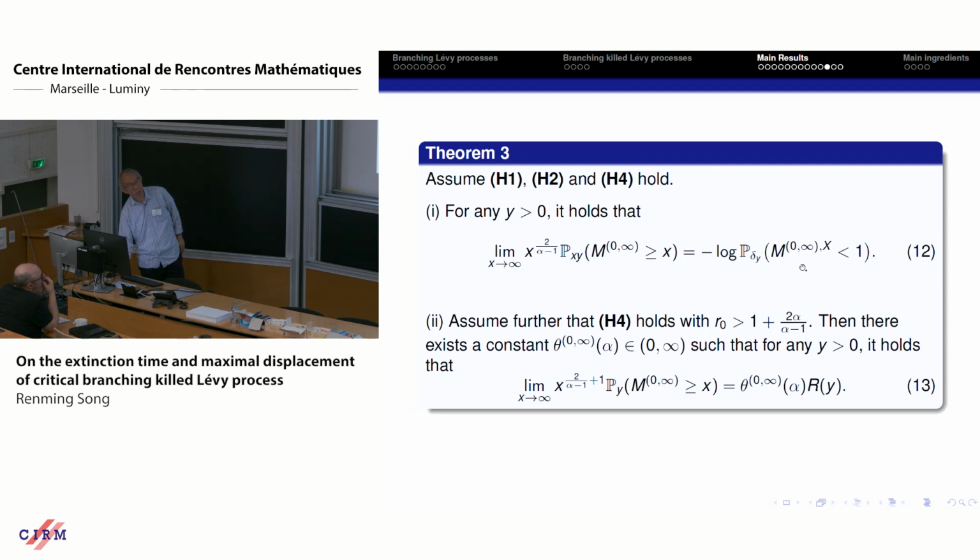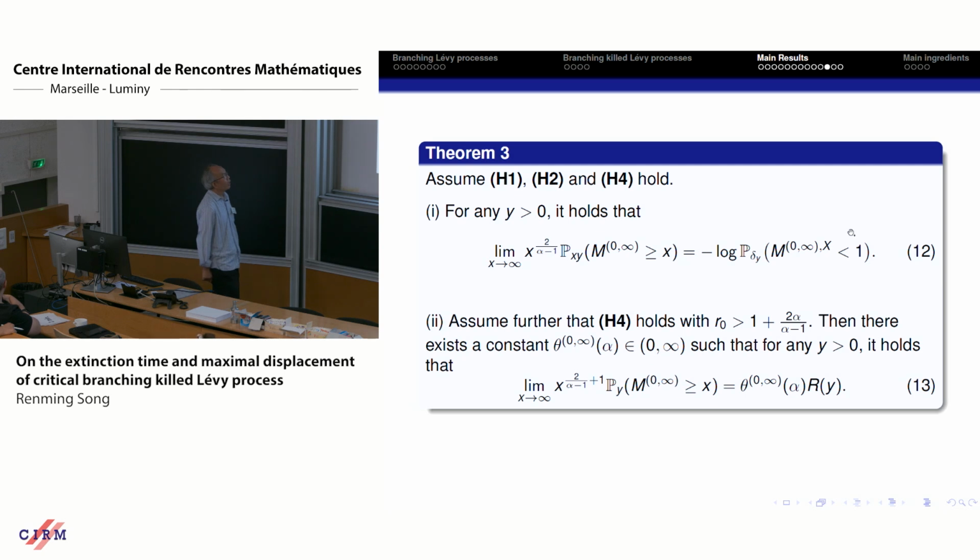That's written in terms of the super Brownian motion. So this is the all-time position of a branching Q-Levy process, and this is written in terms of the super process, super Brownian motion. So when you start from x times y, you let x go to infinity.